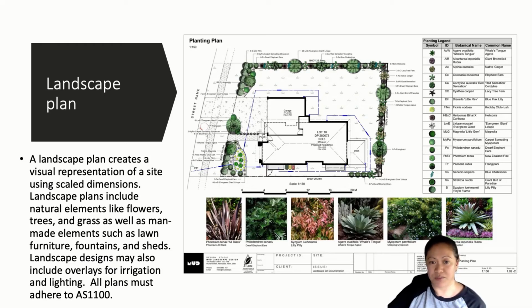So maybe flowers would be located around here, trees, lawns, lawn fixtures, or any sort of fixture like a fountain, perhaps, furniture, and other things like maybe a shed. So landscape designs may also include overlays for irrigation and lighting. So these plans must adhere to AS 1100 standards.